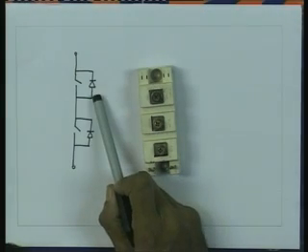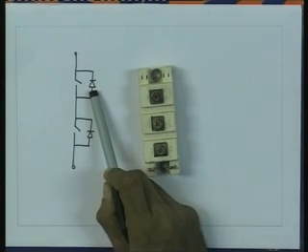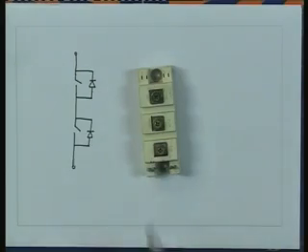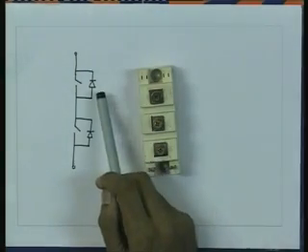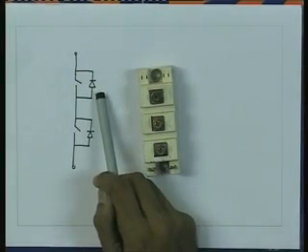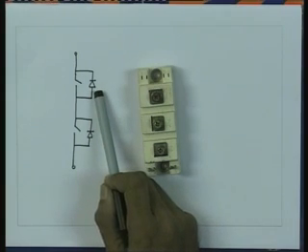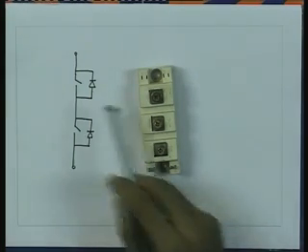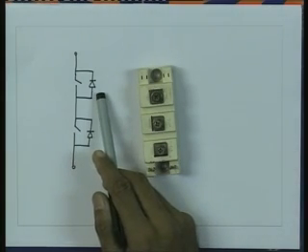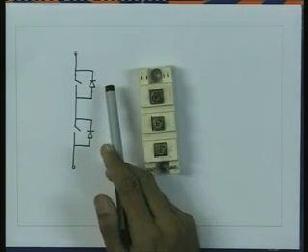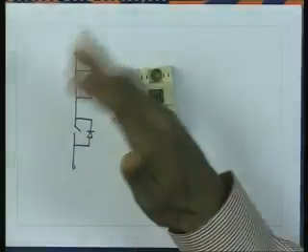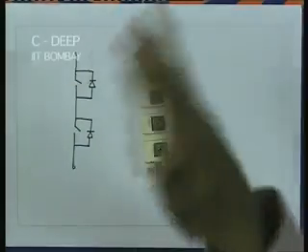The reverse recovery time of this diode is of the order of 0.2 microsecond, as the data sheet says. Depending upon the junction temperature, QRR, the reverse recovery charge, is of the order of 1 microcoulomb. It is all given in the data sheets.